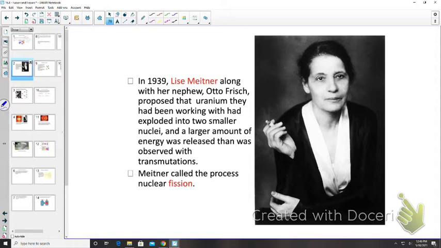Remember, transmutation is when a parent nucleus decays into a daughter nucleus, which may be radioactive. So Meitner found that when a nucleus split into smaller nuclei, more energy was released, and Meitner called the process nuclear fission.